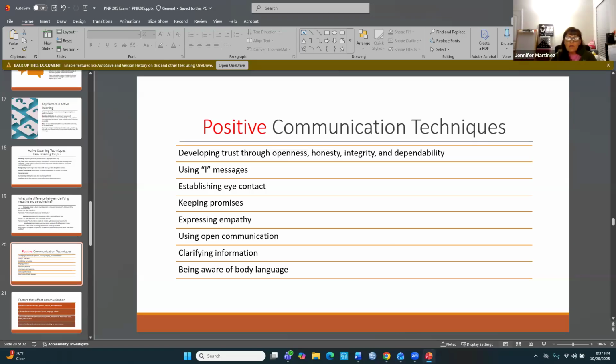I messages allow us to prevent defensiveness. I don't know how I can't speak all of a sudden. It's kind of reflecting off of them.